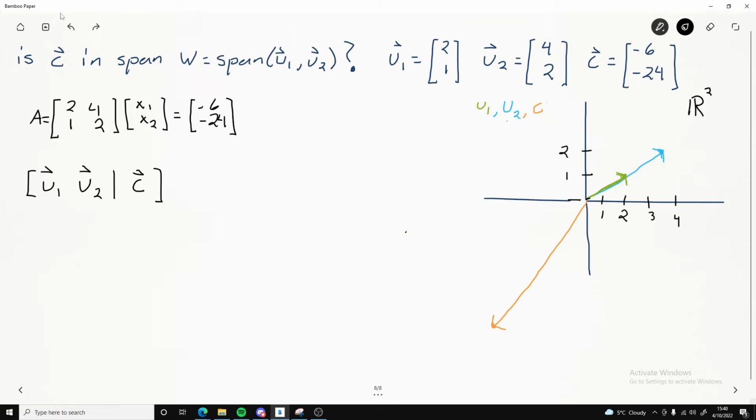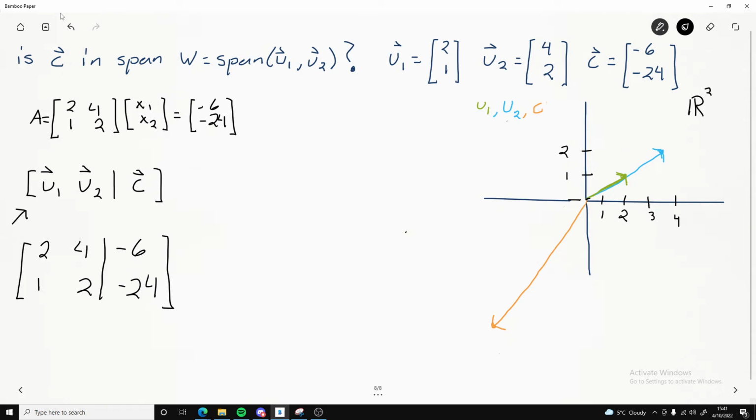But how do we prove this instead of just looking at lines on a graph? Well, let's go ahead and augment this matrix, like what we see here, but with the actual coefficients. So now we're going to have 2, 1, 4, and 2, and c will be negative 6, negative 24. I'll put a bar here just to indicate that this is the rightmost column of the augmented matrix.